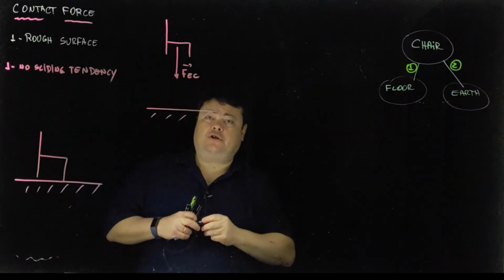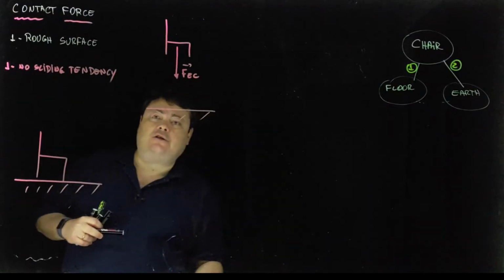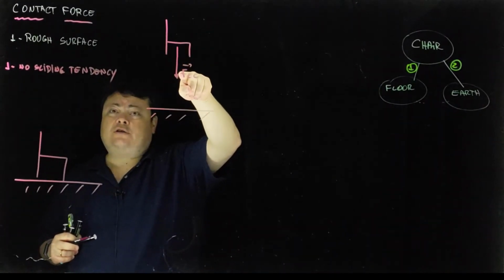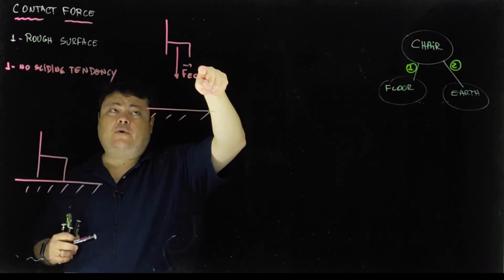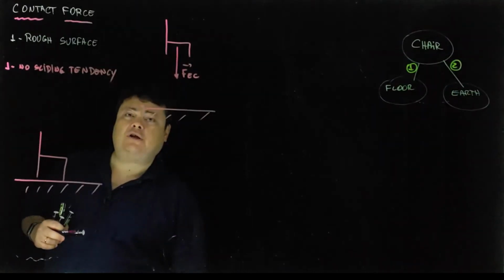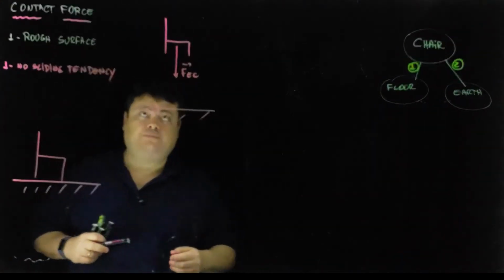That force of the earth on the chair, the agent is the earth, the object is the chair. The reaction force is a force of the chair on the earth, where the chair is the agent, the earth is the object. I'm not going to represent it because I'm not interested in studying the earth.